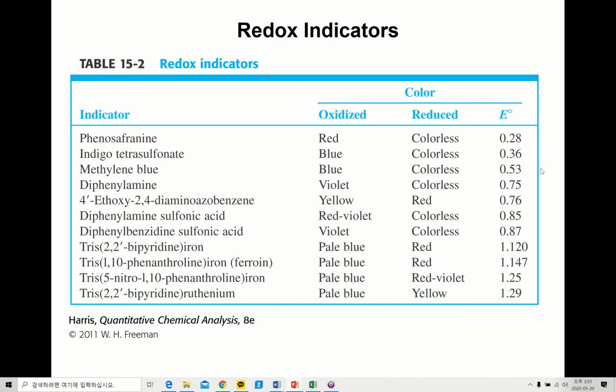Okay, but when you use, for example, permanganate to oxidize something, which indicator is necessary?